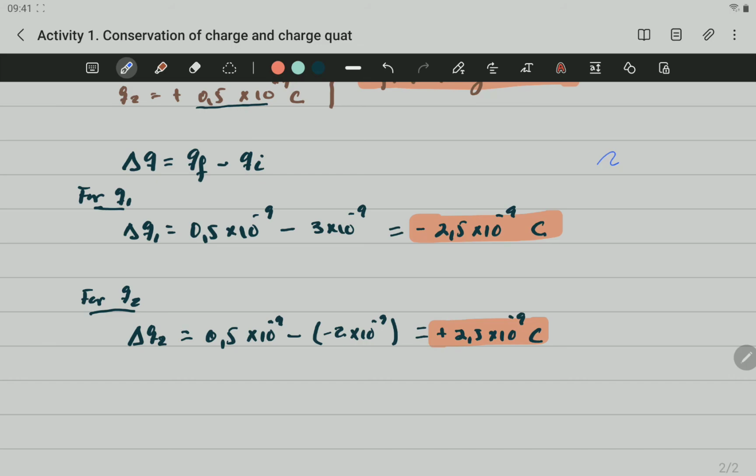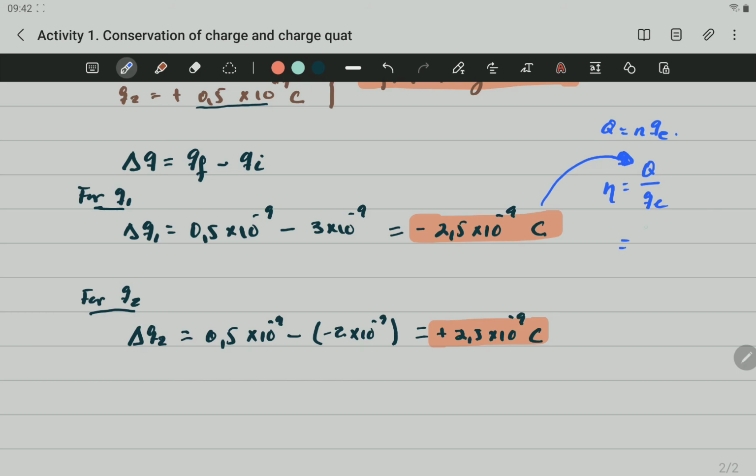You have that charge is equal to number of electrons multiplied by the charge of one electron. So number of electrons is equal to the charge divided by charge of electron. Let's substitute here. Remember we're using the change in charge, because we're looking for the number of electrons that were transferred.